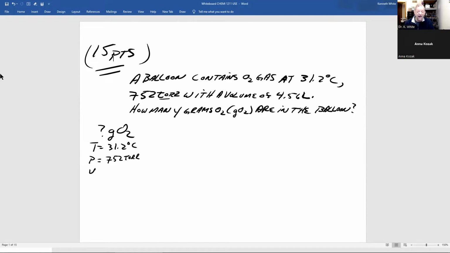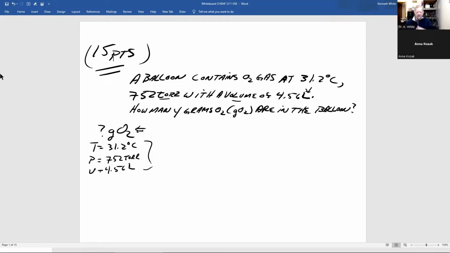And we're given the volume, and liters are a unit of volume. So this is what we're given, and this is what we're trying to find out.